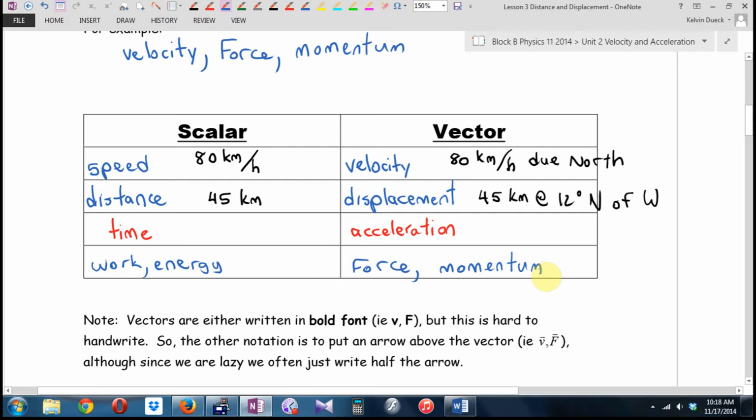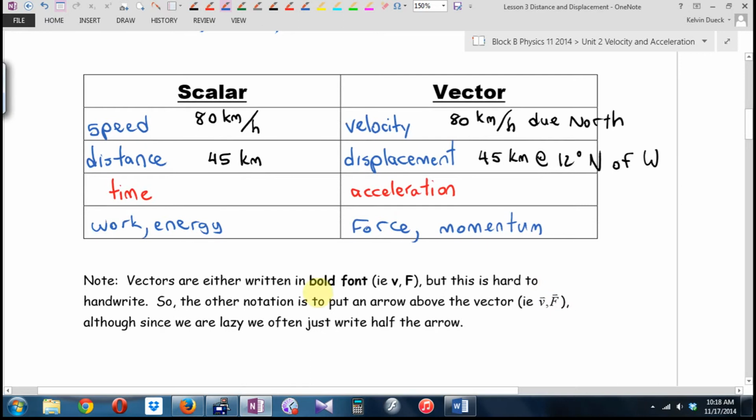What we want to have now is some easy shorthand way that I can communicate to you that this is a vector and that this is a scalar. In textbooks, it's done by putting vectors in bold font. So that's a vector, but this is hard to do in handwriting.